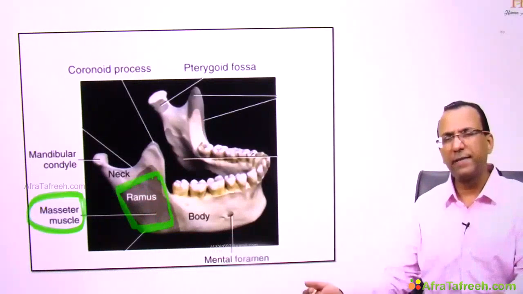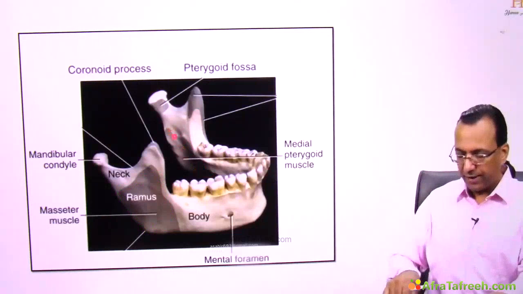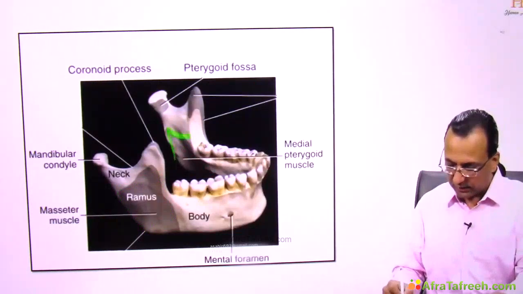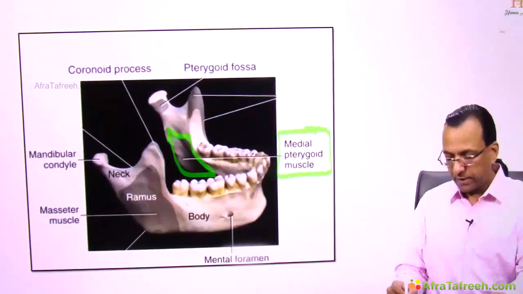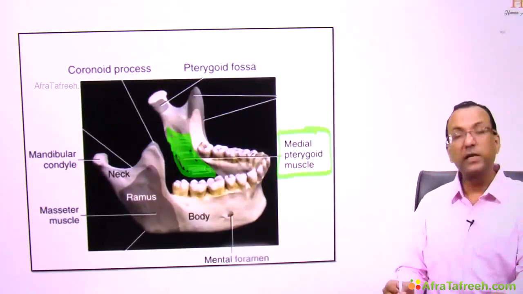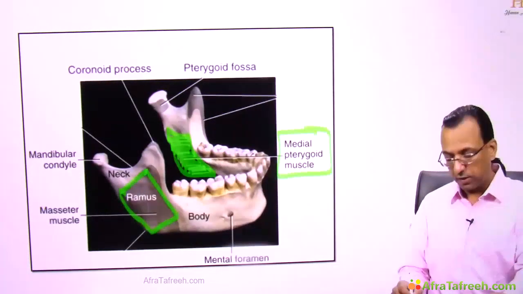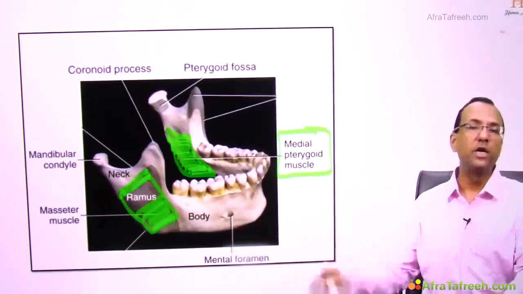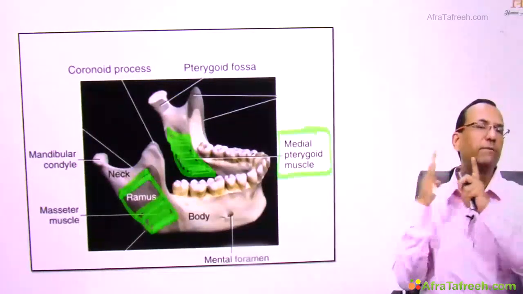What is inserted exactly as a mirror image on the medial side? That is the medial pterygoid. Understand? The medial pterygoid is exactly the mirror image of the masseter muscle, but the masseter is on the outside and the medial pterygoid is inside. Are you trying to say the masseter and medial pterygoid sandwich the ramus of the mandible?